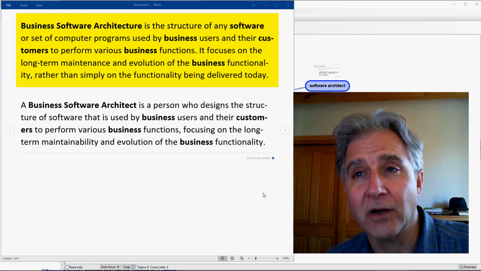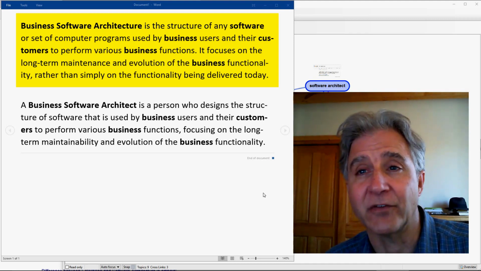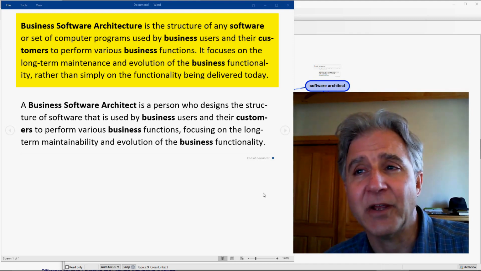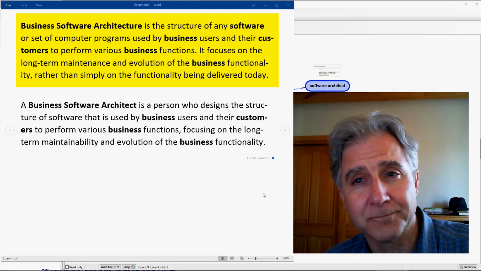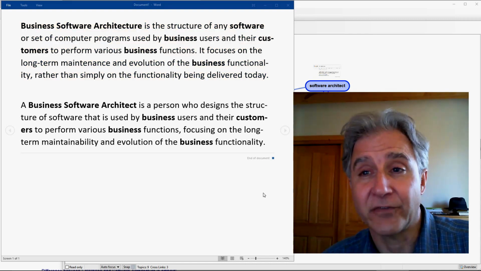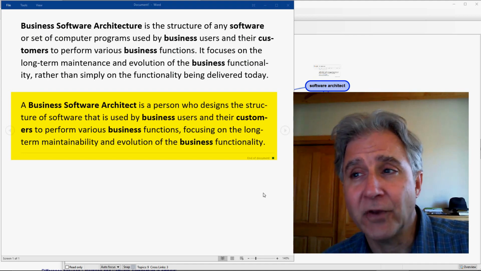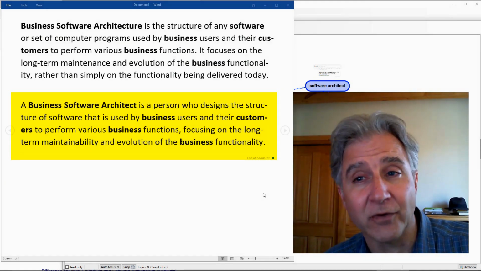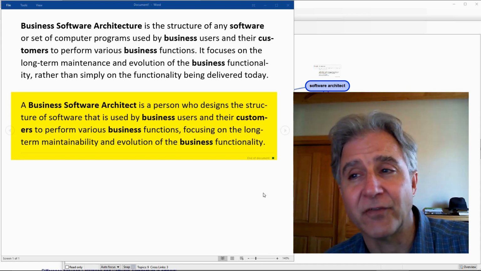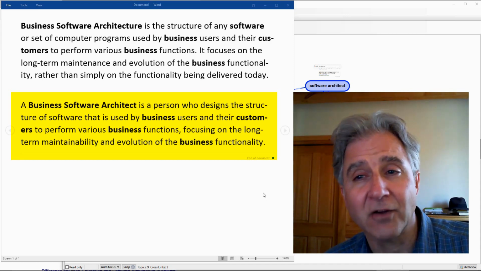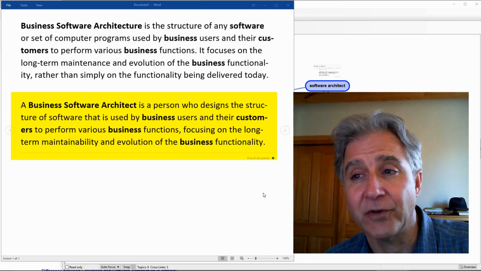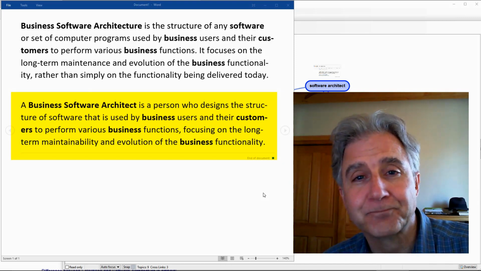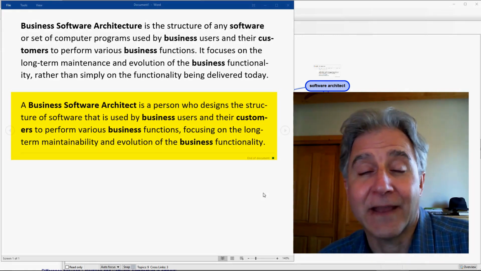It focuses on the long-term maintenance and evolution of the business functionality rather than simply on the functionality being delivered today. And that would make a business software architect a person who designs the structure of software that is used by business users and their customers to perform various business functions, focusing on the long-term maintainability and evolution of the business functionality. So hopefully that's close.